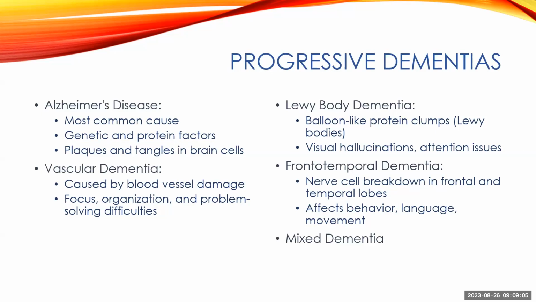Alzheimer disease, the most common cause is that. Genetics and protein factors have a role, but you will hear about plaque and tangles. This is the word you're going to hear about in these conditions.